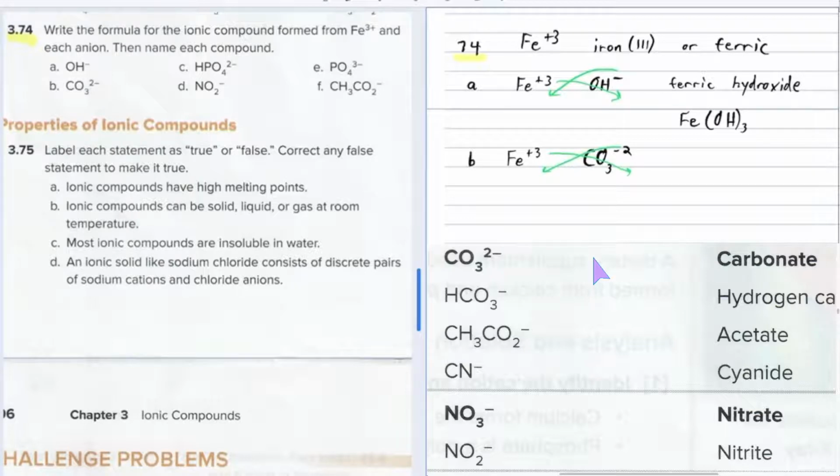So the formula is going to be Fe2 and then CO3, 3. That's the formula, and we'll call this one iron 3 carbonate.